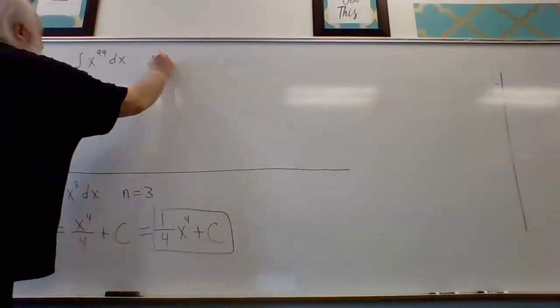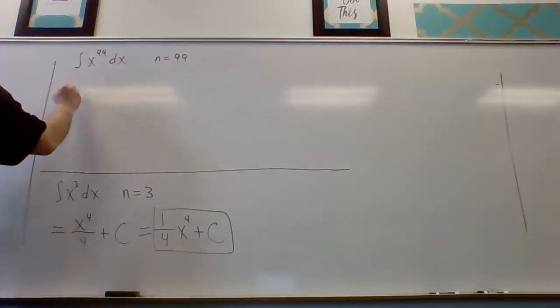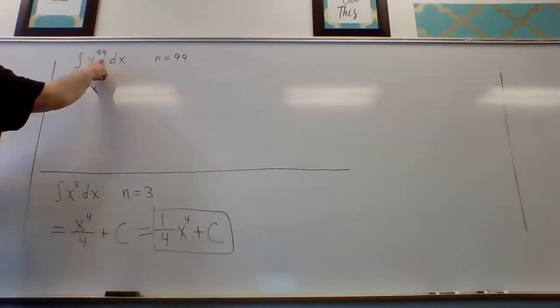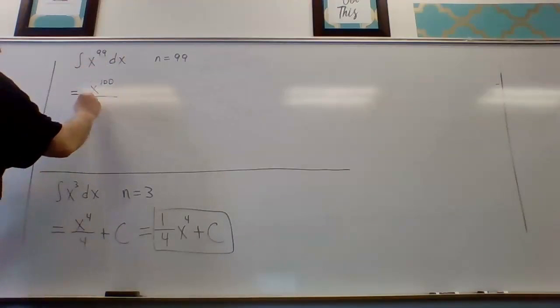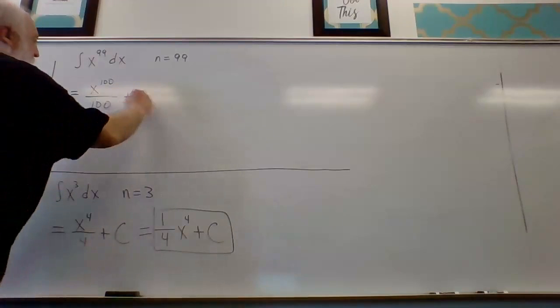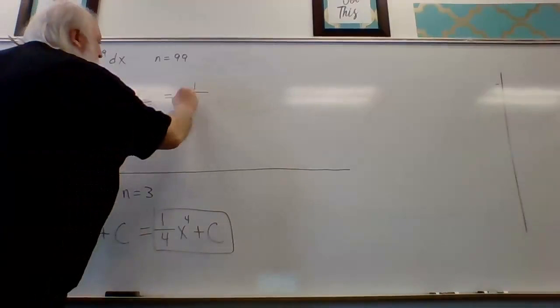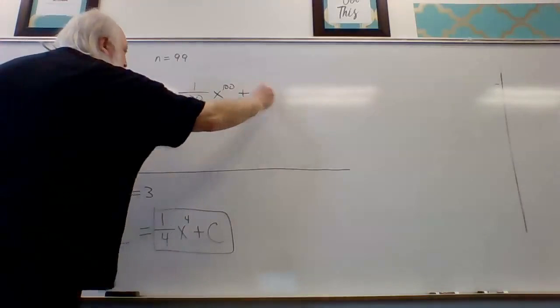So n is equal to 99 in this case. And so the antiderivative of x to the 99th is, you add 1 to the exponent and you get 100. And then you divide by the new exponent 100. And then you add c. And this can be written as 1/100th times x to the 100th plus c.